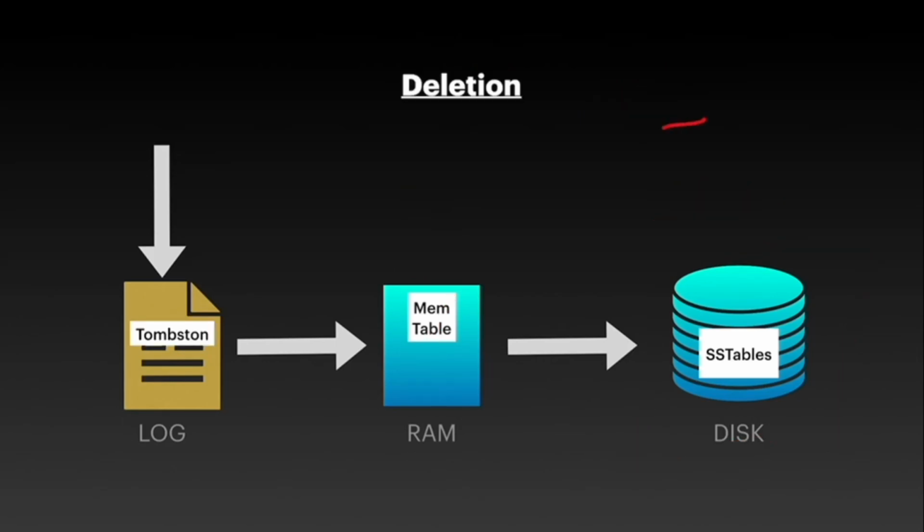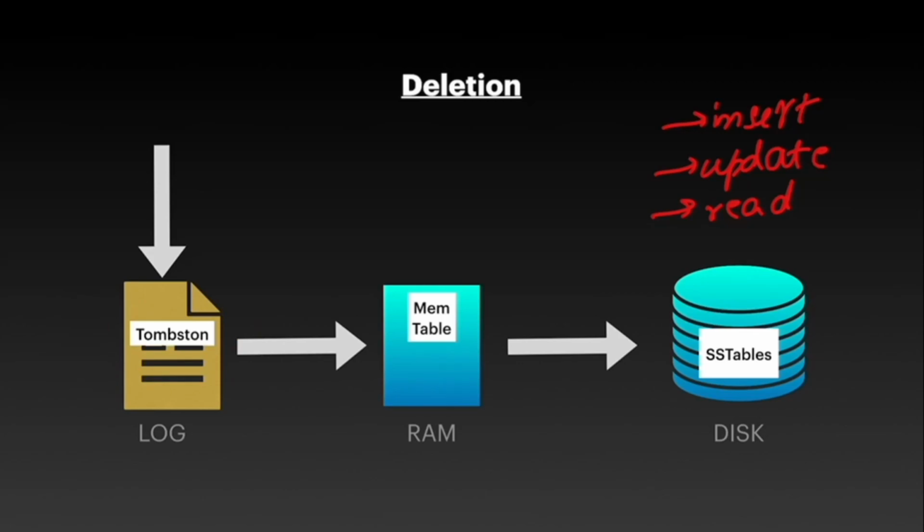Till now we have seen the insert, update and read operations. Now let's try to understand the delete operation. In order to delete a particular record, we mark that record with a flag, and that record is marked as a tombstone.